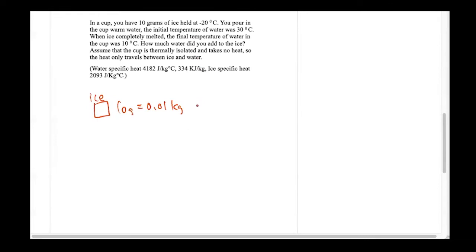And the temperature is negative 20 Celsius degree. And you pour in the cup warm water. The initial temperature of the water was 30 Celsius degree. And here we don't know the amount of water. When ice completely melted, the final temperature of water in the cup was 10 Celsius degree. How much water did you add to ice?